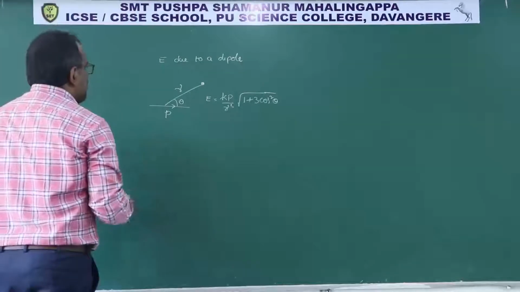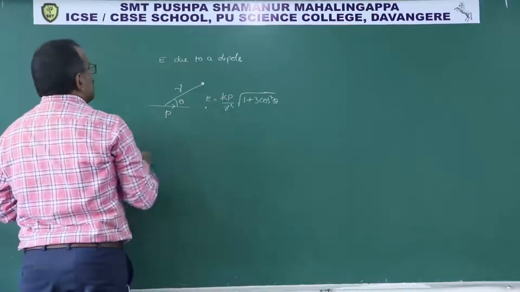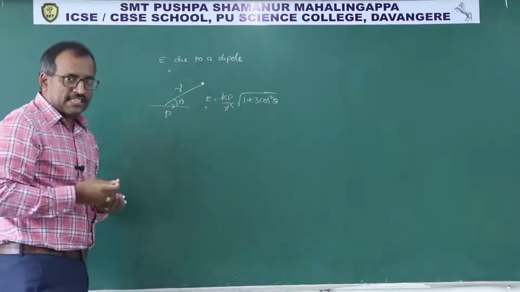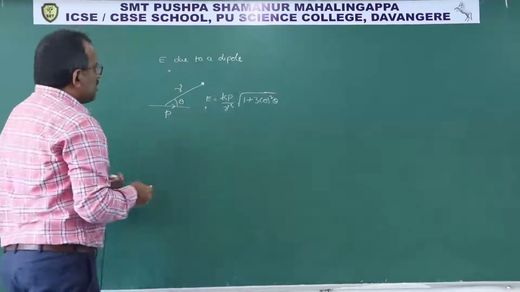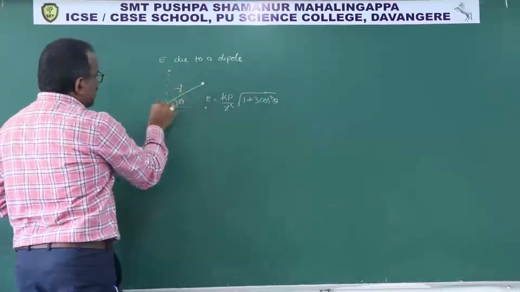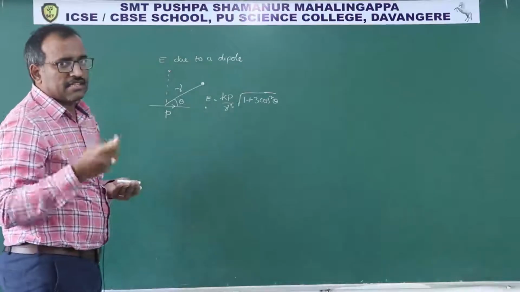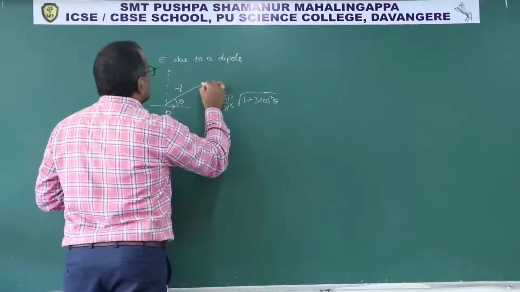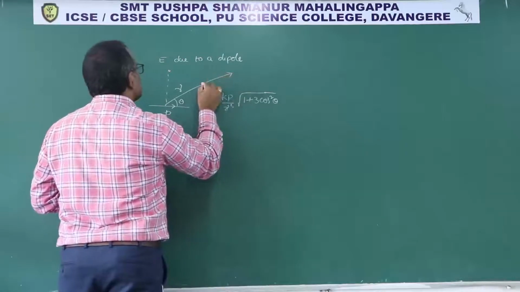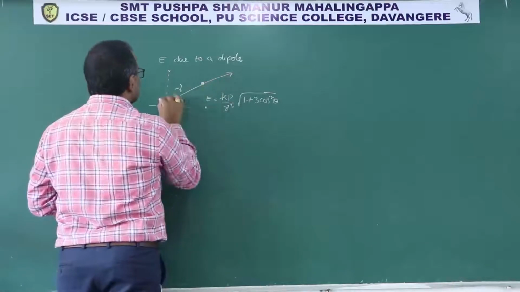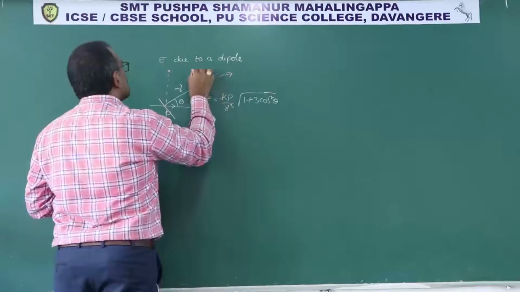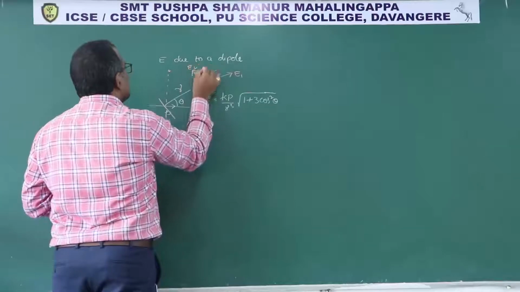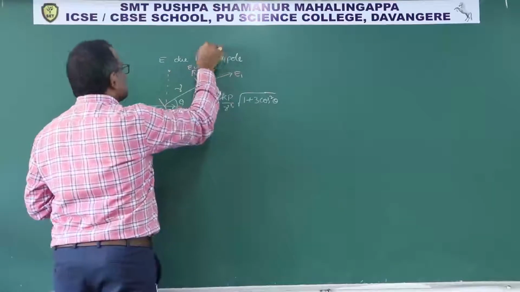As I discussed, it could be an axial point or an equatorial point. At an axial point theta is 0, as I discussed in the last class. At an equatorial point theta is 90 degrees. Now, at this point there are two electric fields, E1 and E2, and the resultant will lie like this.